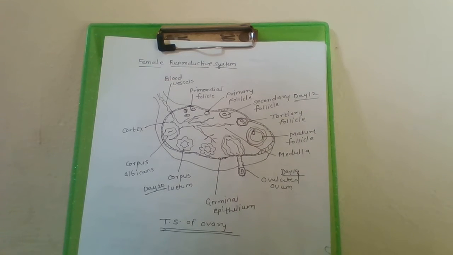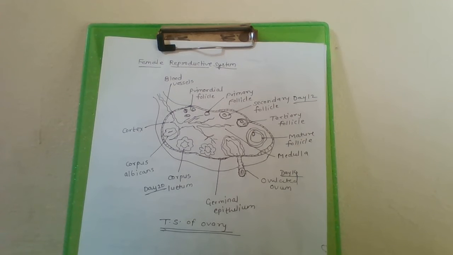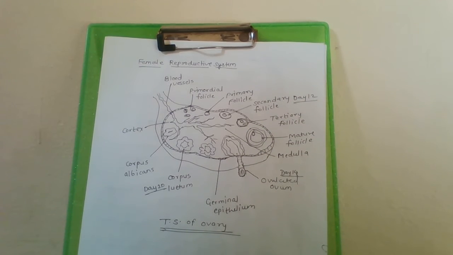Broad ligament formed by fold of peritoneum. It holds the ovary, oviduct and uterus to the dorsal body wall. The ovarian ligament attaches ovary to the uterus. The ovary produces 5 hormones, namely estrogen, progesterone, relaxin, activin and inhibin.